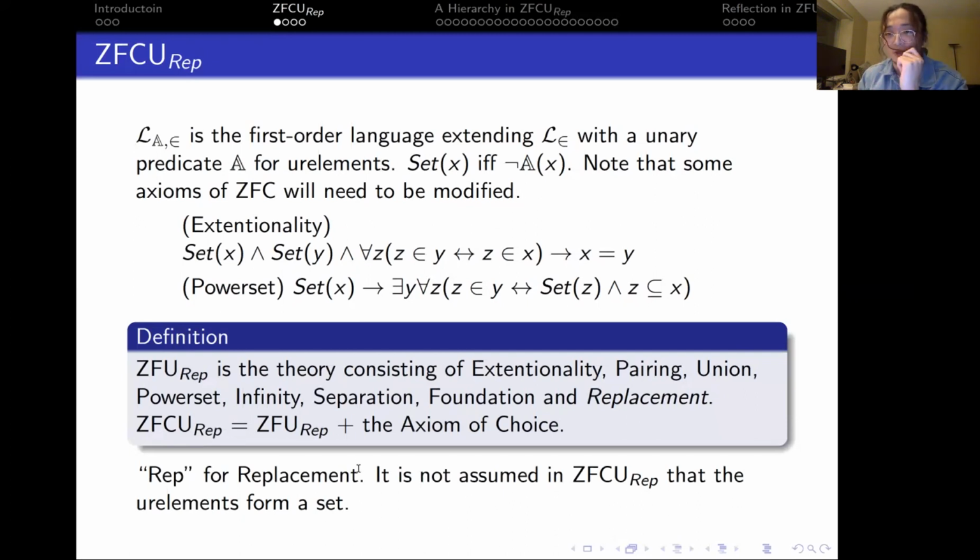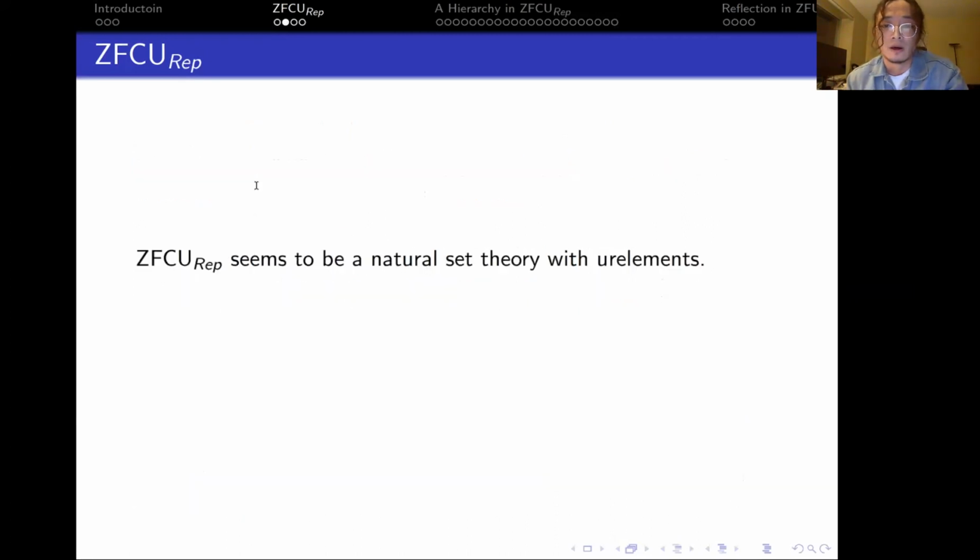And it's not assumed in either of these theories that the Ward elements form a set, so A here could always be a proper class. ZFCU with replacement seems to be a very natural set theory with Ward elements, because we just have these axioms of ZFC and we make some straightforward modifications. Or is it? Let's find out.